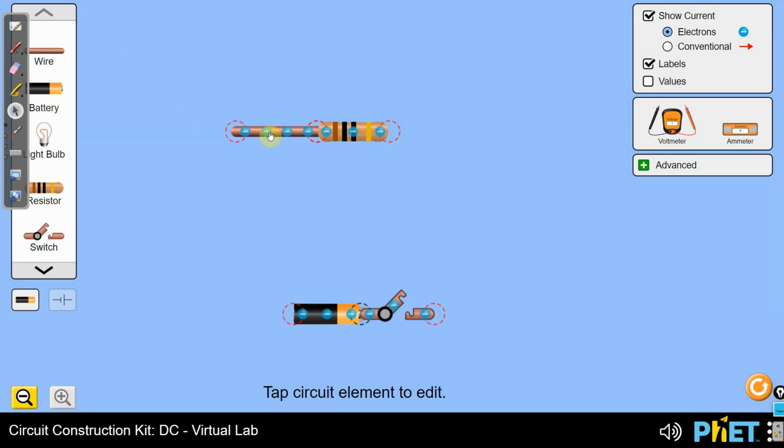Okay, I have connected this conducting wire here, and let me connect it here. I also need the ammeter, so I'm taking this ammeter here. Let me connect this ammeter like this. We need a wire here as well, which connects to this ammeter, and we need to connect this wire to our ammeter.